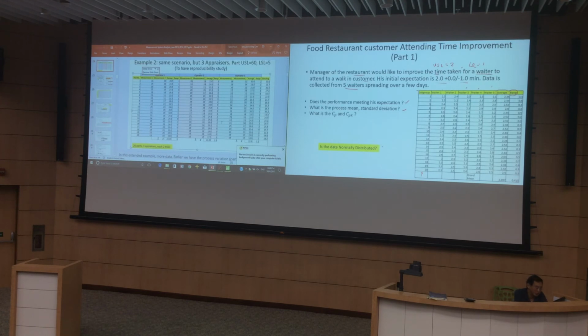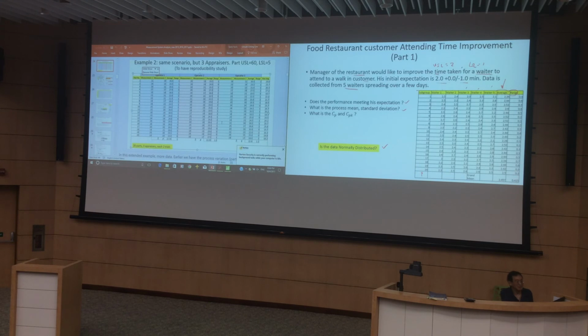Is the data normally distributed or not? You can plot it. If you plot the histogram you won't quite see it, because normality is a bit stretched, but roughly normal. If you plot the averages, it will be normal.